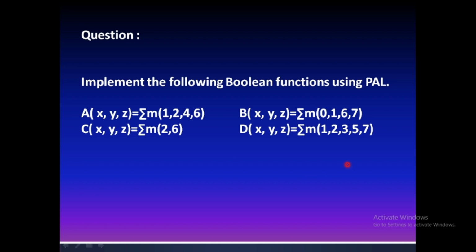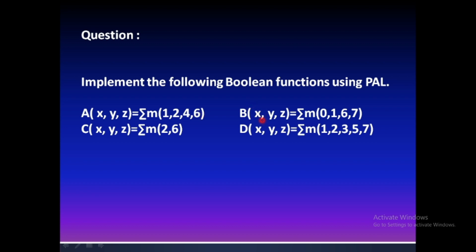So students, let us go ahead with implementing a problem using PAL. The problem goes like this. Implement the following Boolean functions using PAL. A, being a function of x, y, z, is equal to summation of minterms 1, 2, 4 and 6.